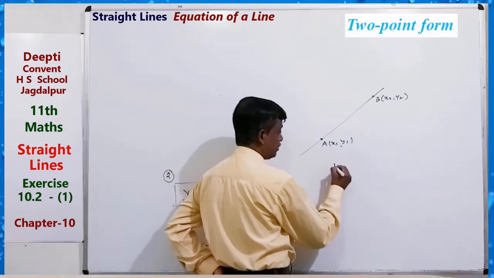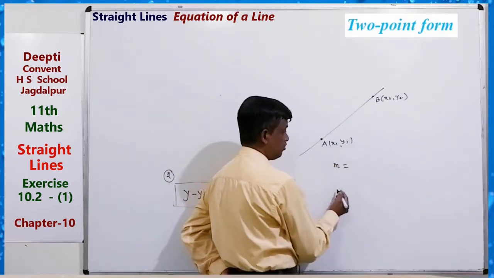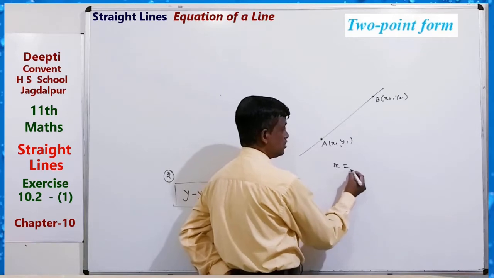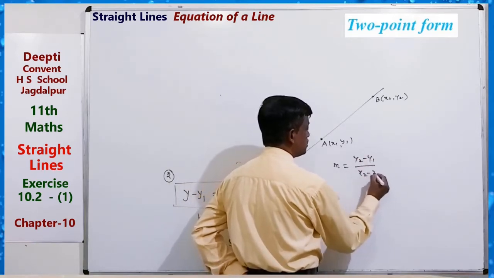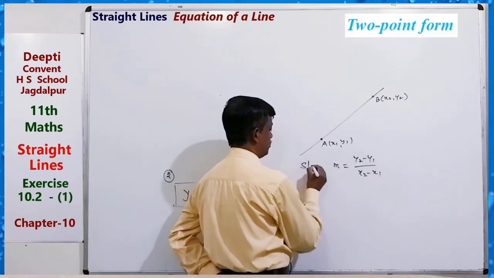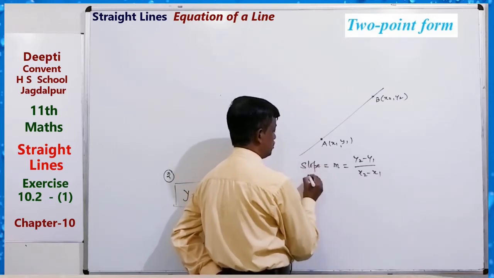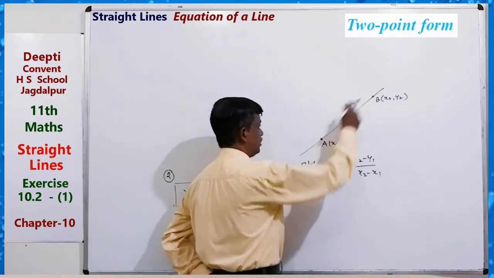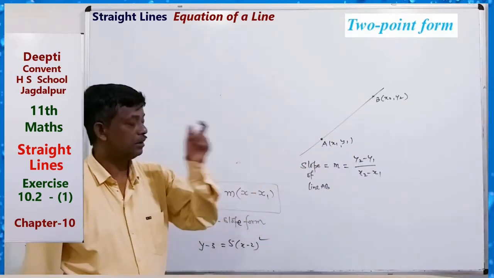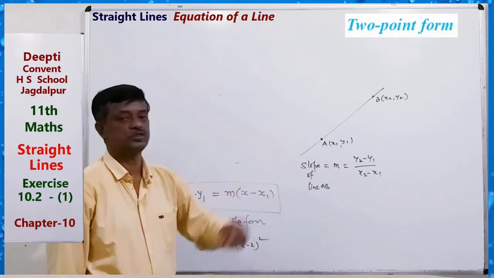So the slope of line AB, m equals y2 minus y1 upon x2 minus x1.